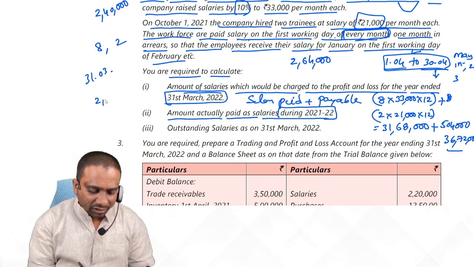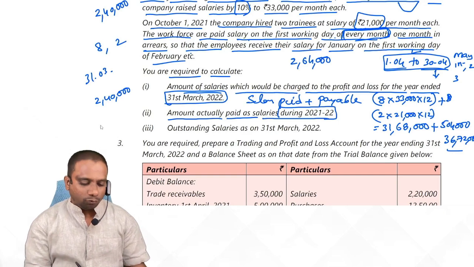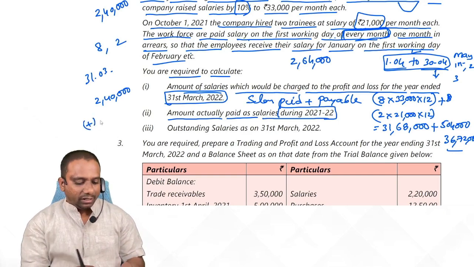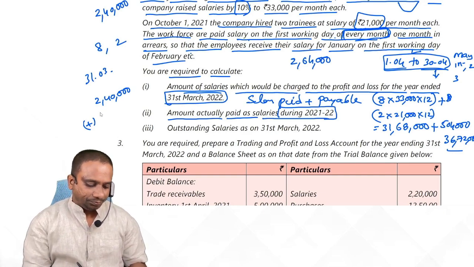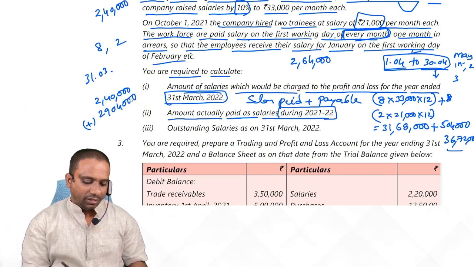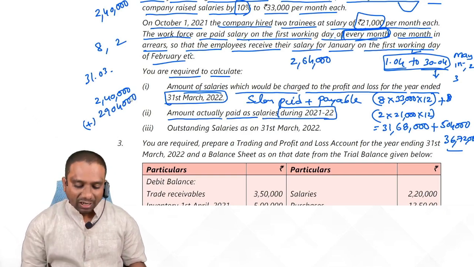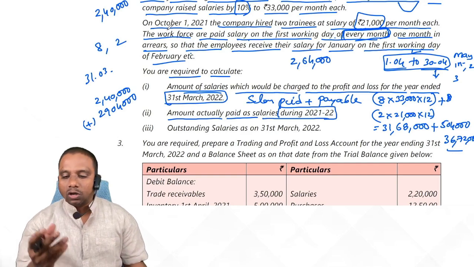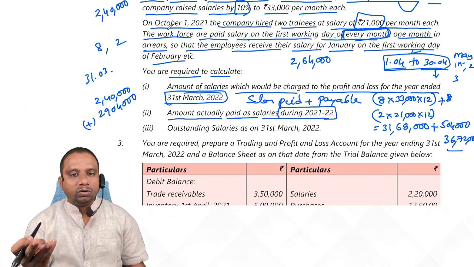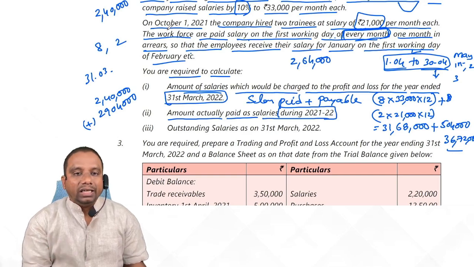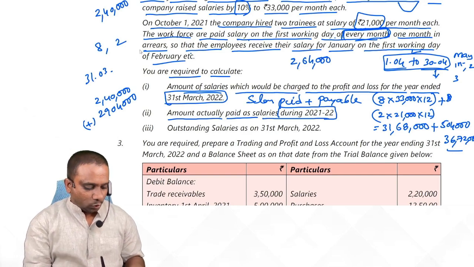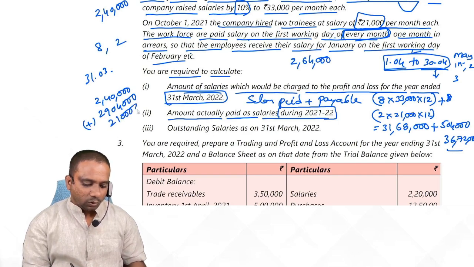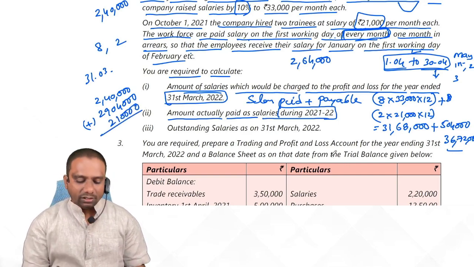So previous year arrears are 2 lakh 40, plus current year 8 employees into 33,000 into 11 months, we paid 29 lakh 4,000, plus 2 trainees recruited from 1st October. October to March is 6 months, but we pay only 5 months' salary, because 1 month's salary is paid in the next month. So 21,000 into 2 trainees into 5 months is 2 lakh 10,000. Add these, you get the second answer.